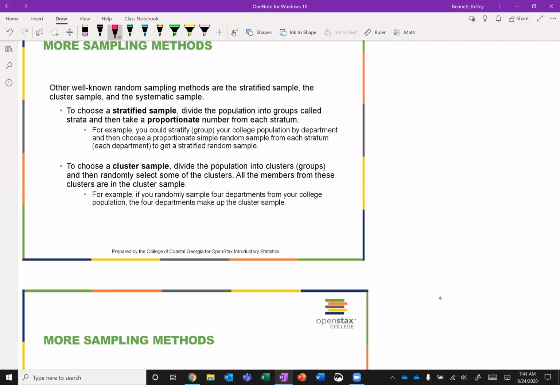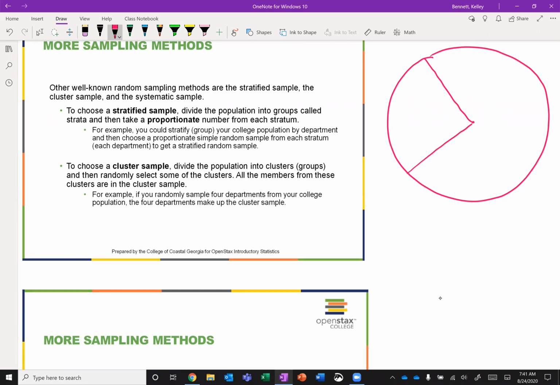Let's say you have a pie chart for San Jacinto College, and I'm 100% making this up. And let's say I wanted to do a study on the early high school students that attend San Jac classes at North Campus.